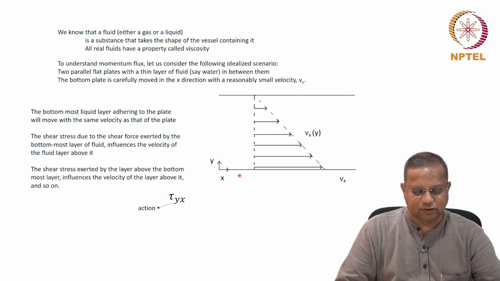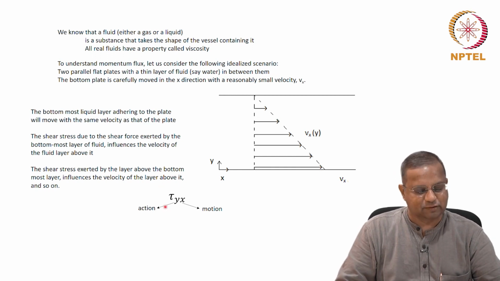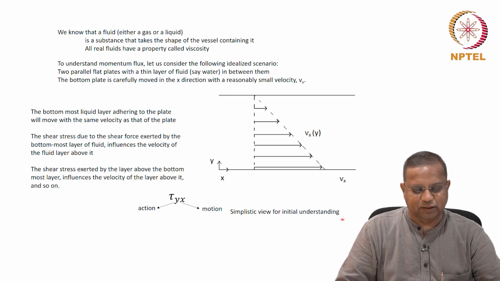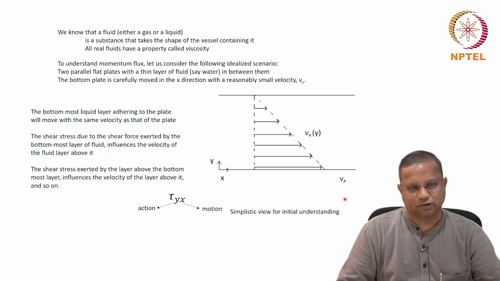That is what we use to identify the various shear stresses. I also said that this is a simplistic view for an initial understanding. Later on, we found in a three-dimensional case that multiple velocity gradients contributed to the same shear stress.